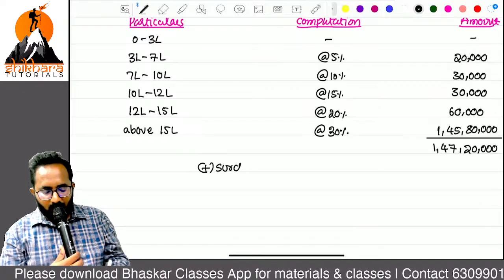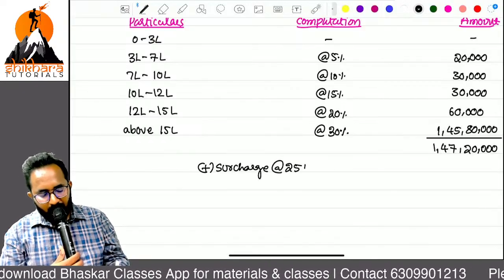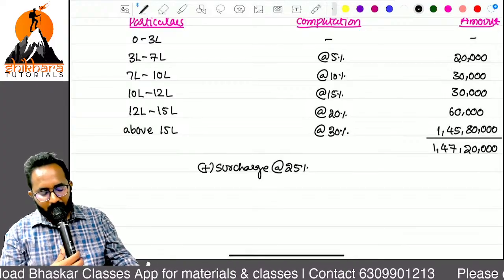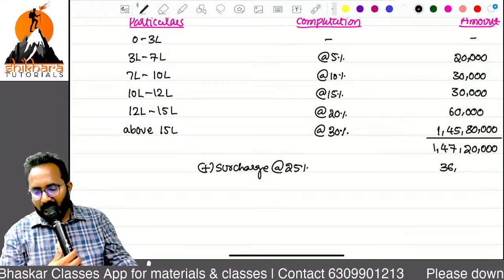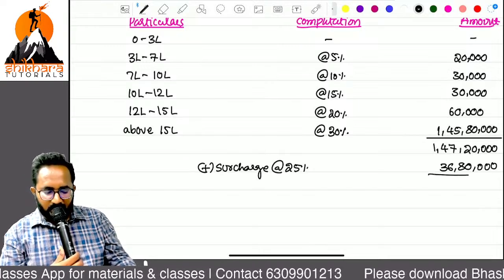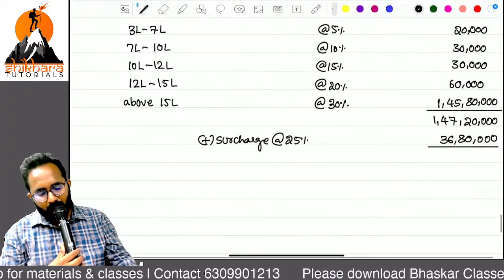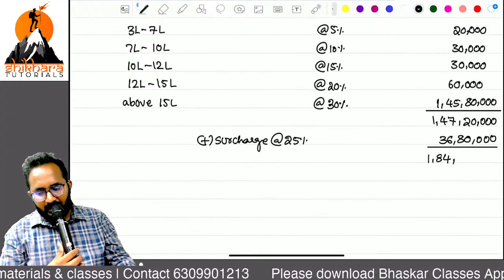Please let me know, above 2 crores, always surcharge is how much? 25%. If you apply the surcharge, I don't have handwritten notes in my hands, I'm just dumping the answers. Please check whether these computations are right or wrong. Finally you will get 1 crore 84 lakh.